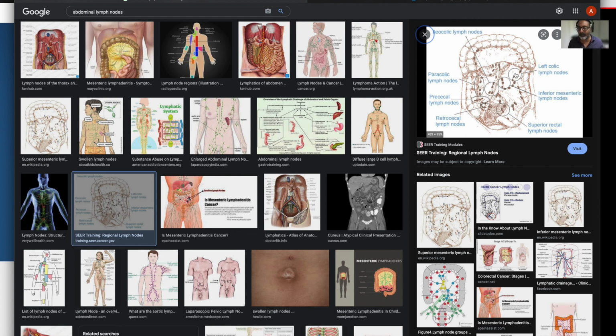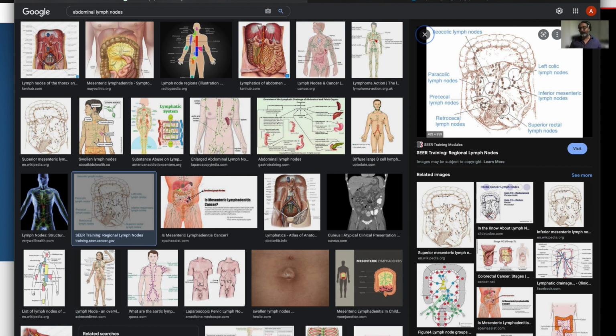But if you look at this image, the small bowel has been taken out, but the concept is still there. This large bowel is there, and you've got these paracolic lymph nodes. Now these paracolic lymph nodes, these ones are on the right. Then these are the middle colic. These are left paracolic lymph nodes. Then there are sigmoidal lymph nodes, superior rectal lymph nodes.